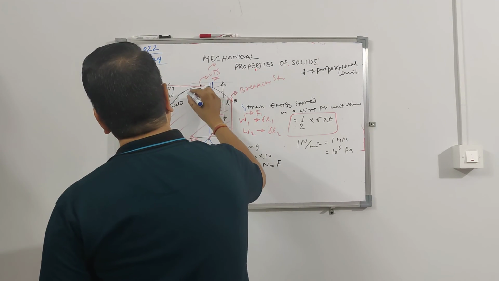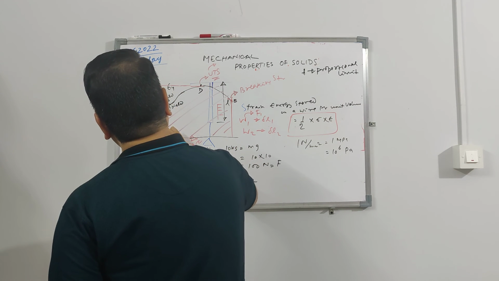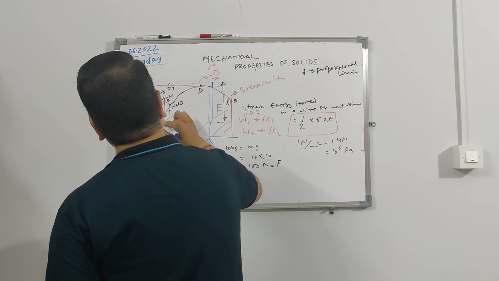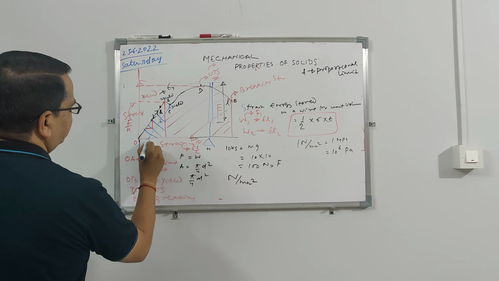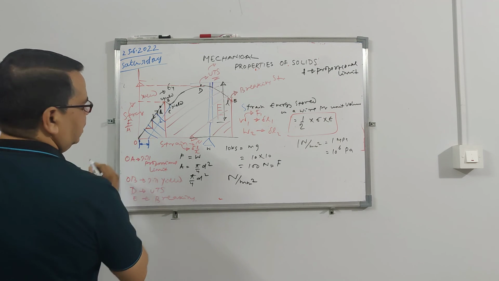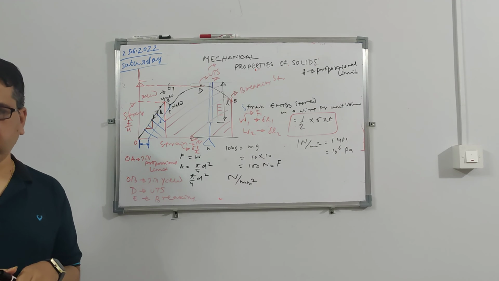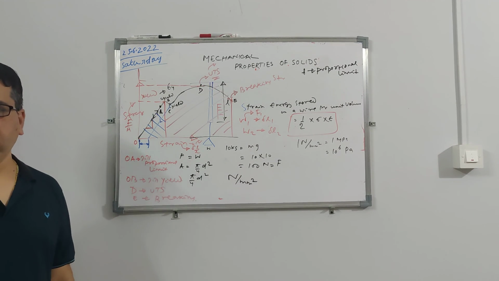So what happens in the plastic region? If you unload it, it will come back in a line parallel to this line. This much will be your permanent strain that will remain. Normally in structures we don't go beyond yield, so we never enter plasticity.